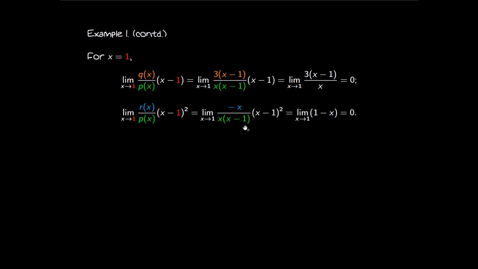So after the cancellations, you put the negative sign in, you get 1 minus x. But anyway, for this function, when x approaches 1, it's going to be 0. So now, because both limits are finite and exist, we know the second singular point, x equal to 1, is also a regular singular point.